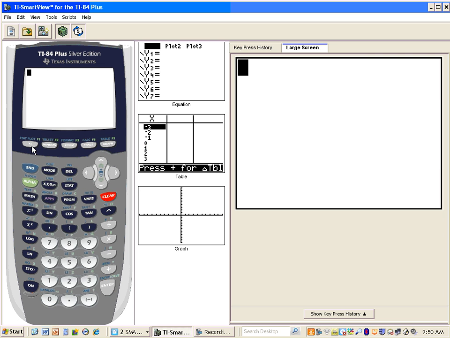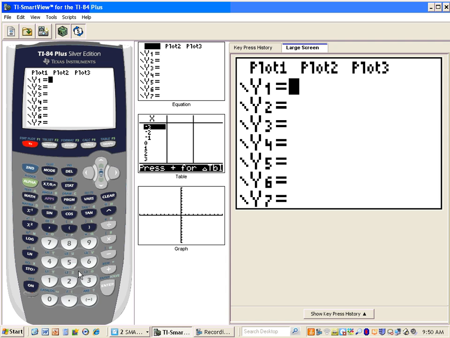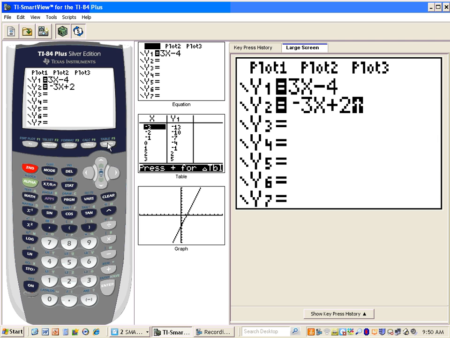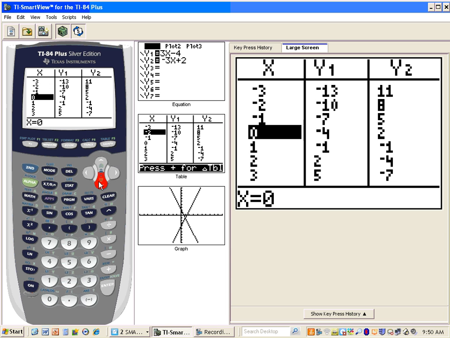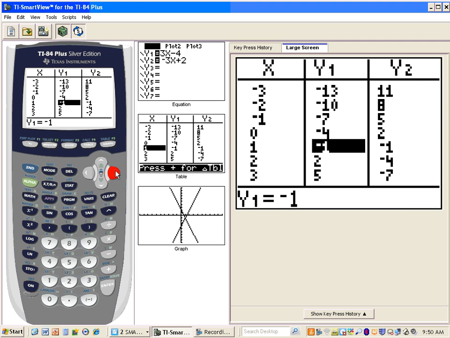I can clear that. I'm going to go to my y equals. I'm going to plug in 3x subtract 4, and I'm going to plug in negative 3x plus 2, and I'm going to go to my table. And I'm looking for when the y values are the same. And I think you can see right here, when x is 1, y is negative 1 for both of them.